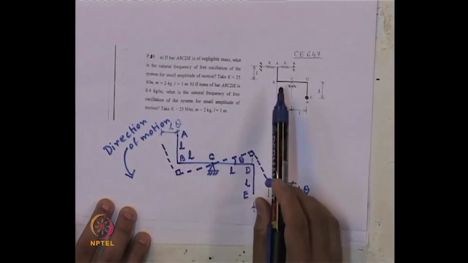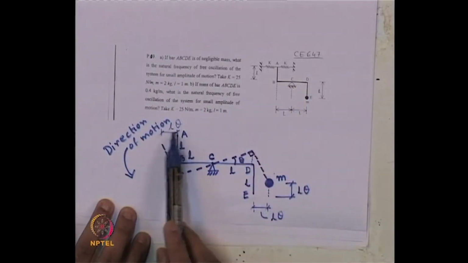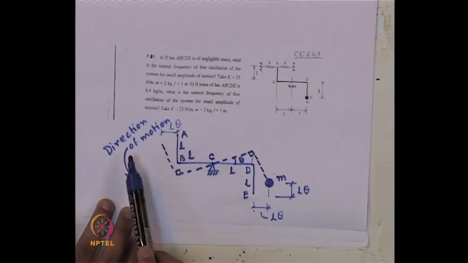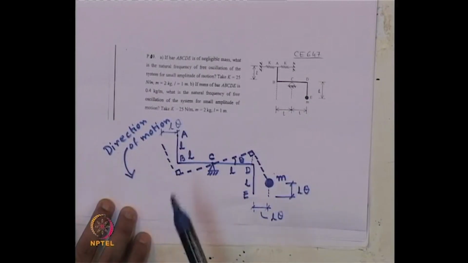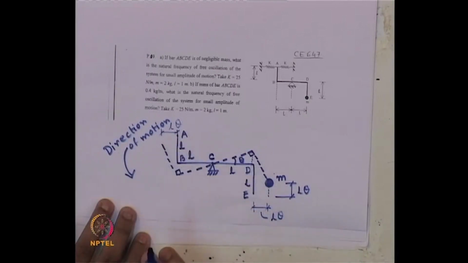Now, these are linear springs. So, they will be subjected to spring force only because of this linear displacement along the direction of the spring. So, what are the forces coming into picture? This rod ABCDE is not having any mass.